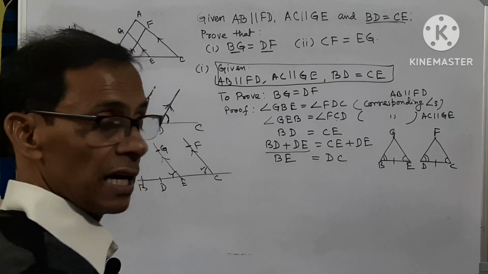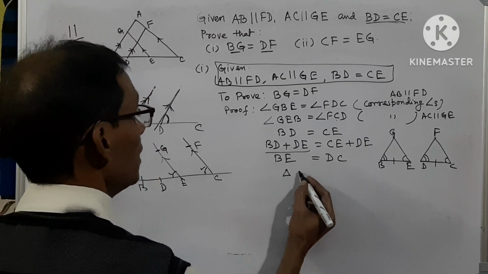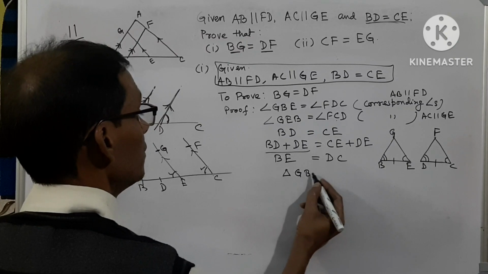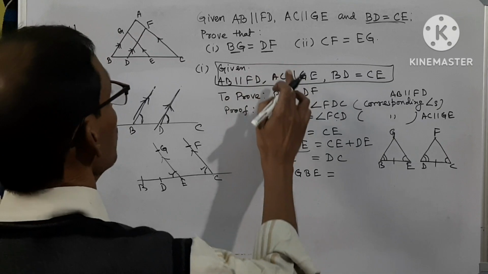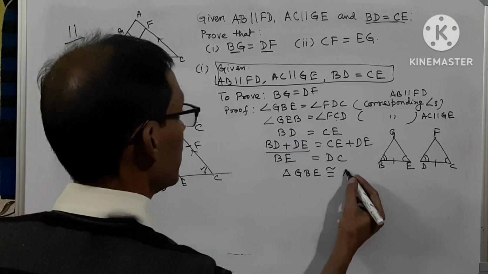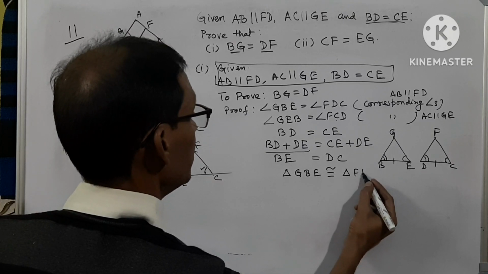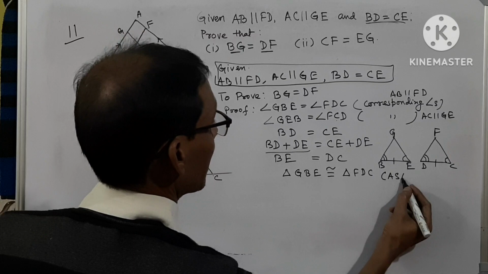The side is in between the angles, so we can write triangle GBE congruent to triangle FDC by the angle side angle criterion.